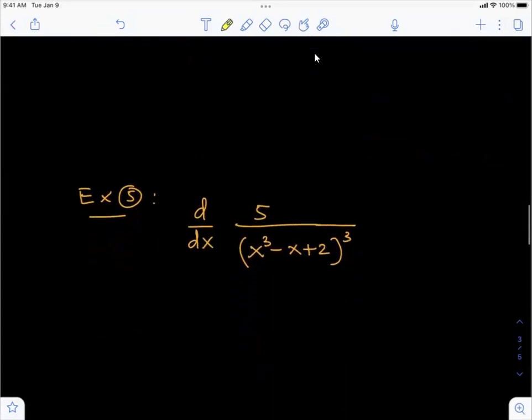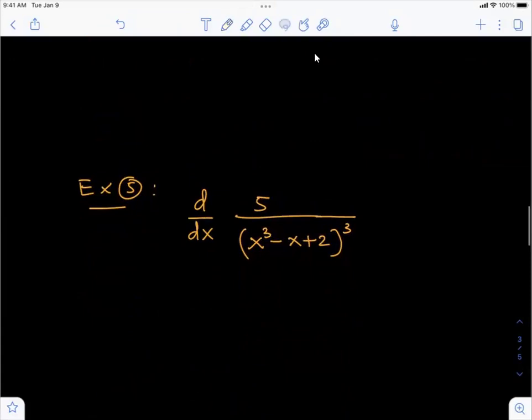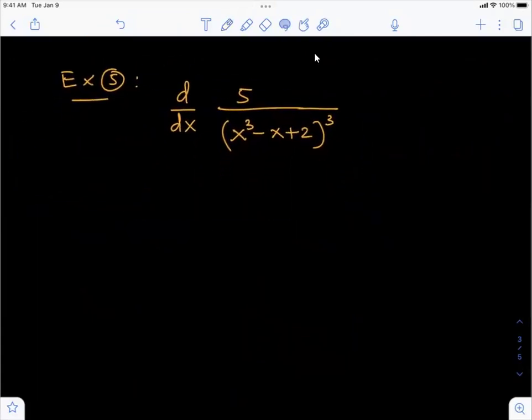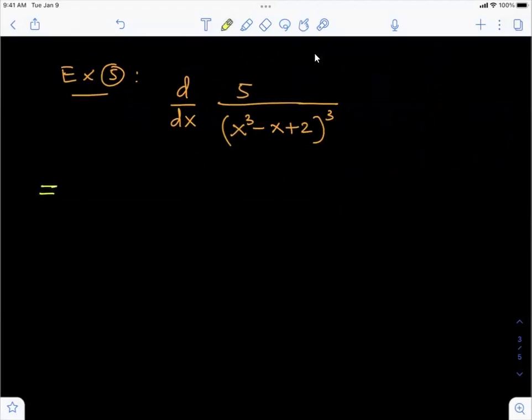So one more example, let's do this. In this scenario, we do have this function. Now, you can use the quotient rule if you like.